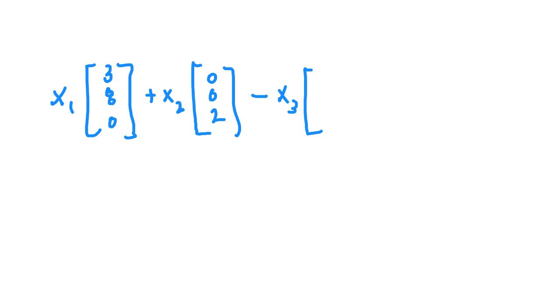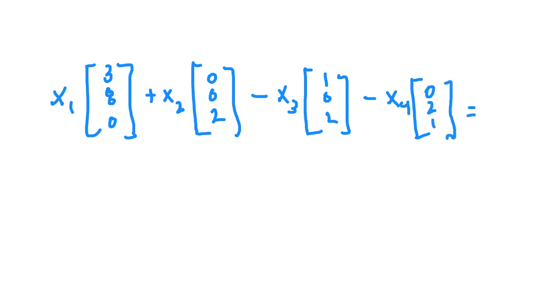So that'll give me minus x3 times (1, 0, 2), and then minus x4 times (0, 2, 1). And what's that going to equal then on the right side? Right, Bellin, the 0 vector.